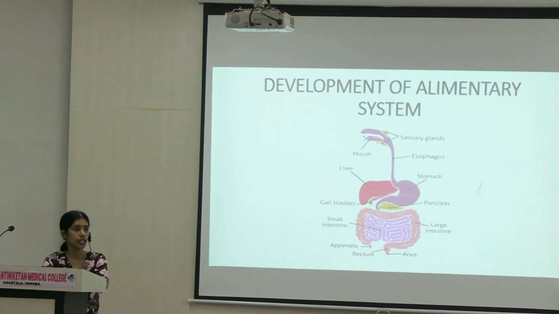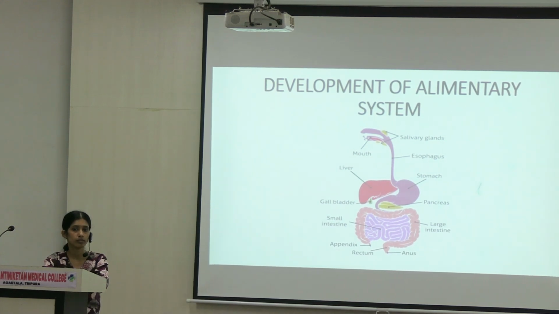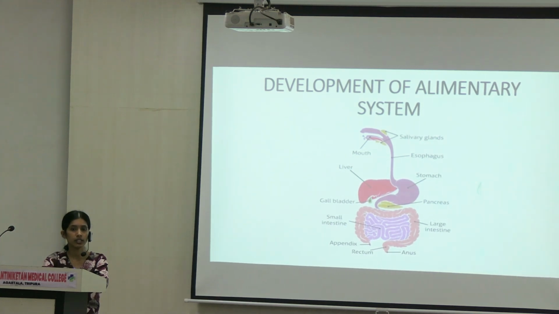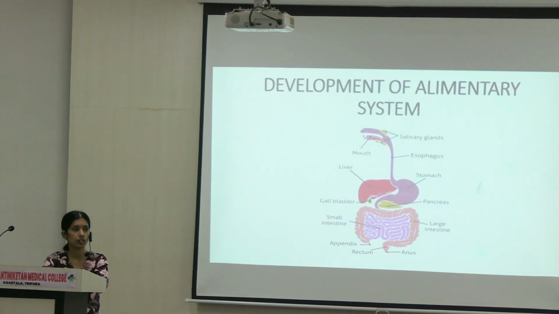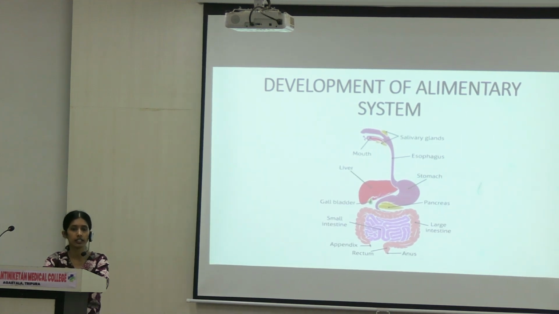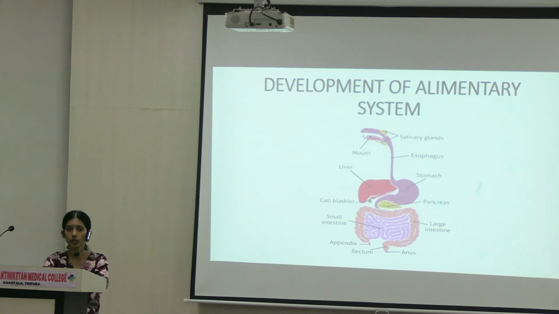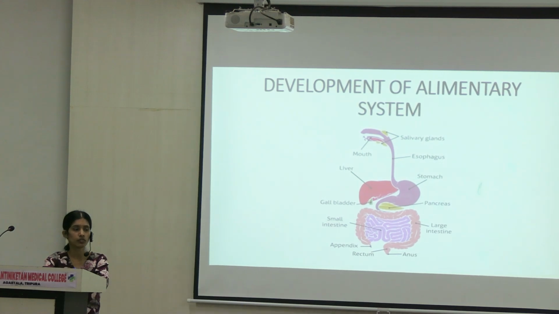What is the reason behind folding of the embryo? Proliferation of cells takes place in your amniotic cavity. That increases the size of your amniotic cavity and leads to the folding at the cranial and also at the caudal end. Okay.